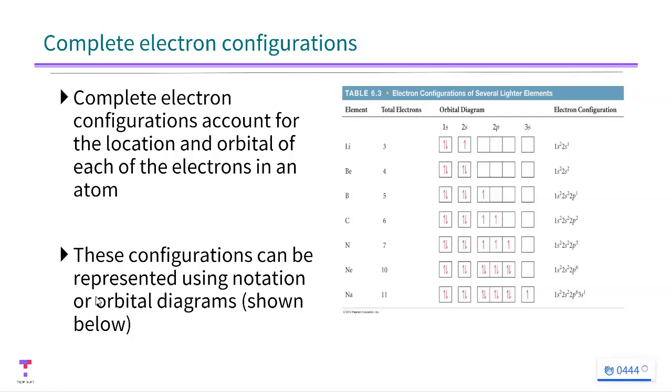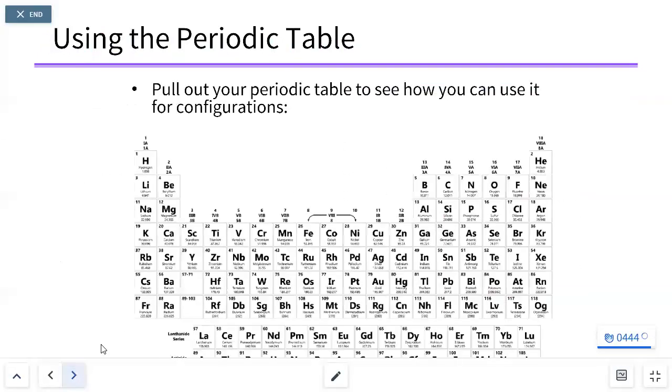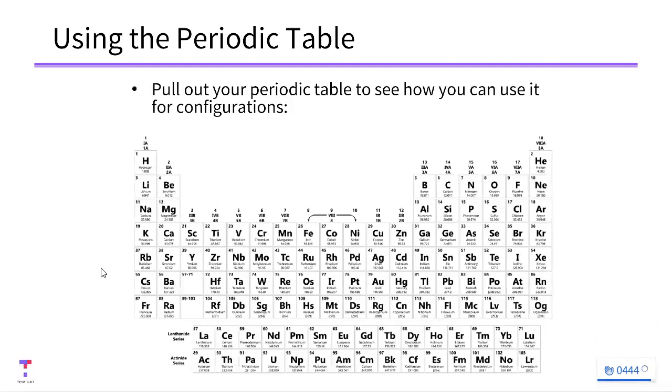Complete configurations show all of the electrons and their locations. So what I want you to do right now is, if you have your copy of the periodic table from last time that we wrote on, break it out right now. If you don't have it, that's okay.